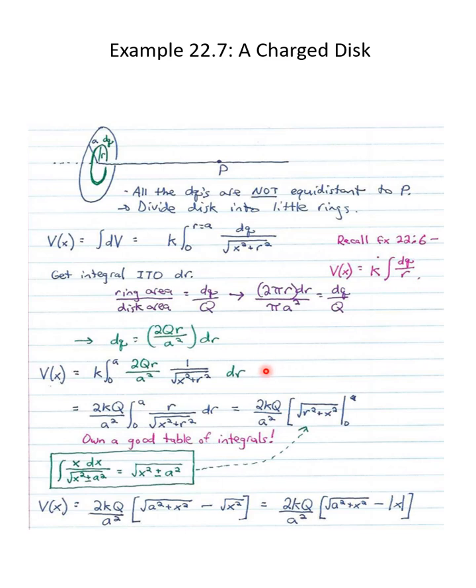Now let's work through that integral. We can take the big Q and the a squared, throw them out to the side. We're left with the integral of r over the square root of x squared plus r squared dr. That is not an integral that I expect you to know, and this is where it's good to own a good table of integrals, to be able to look in a table and see what this integral is.